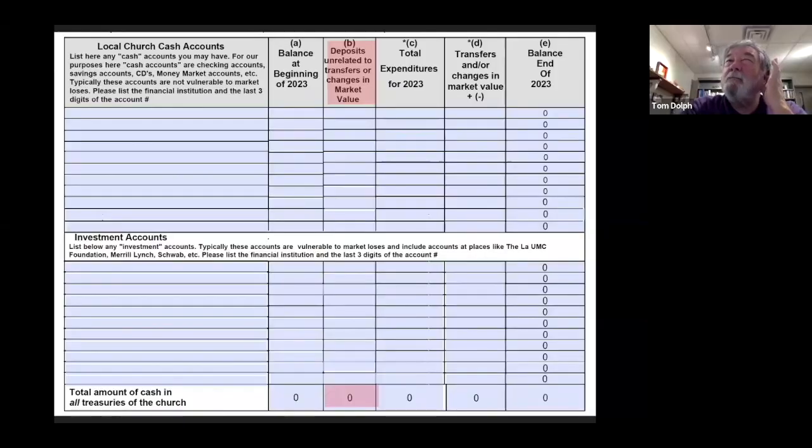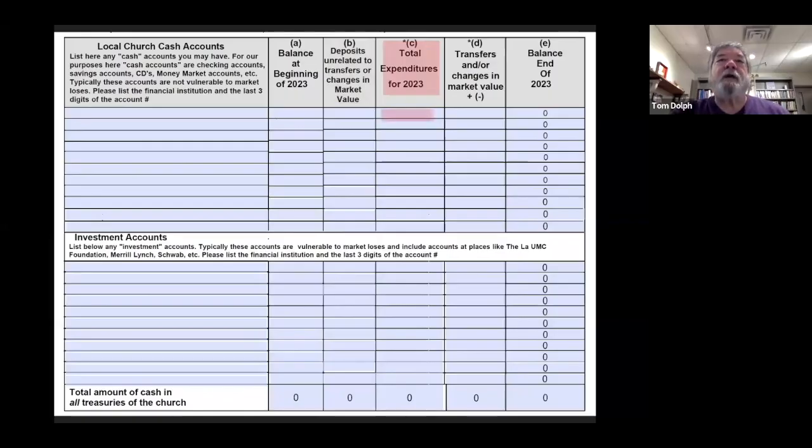So this column should equal line 55 of table 3. Everything that your church received should show up somewhere in this column. Likewise, everything that your church expends should show up in column C.